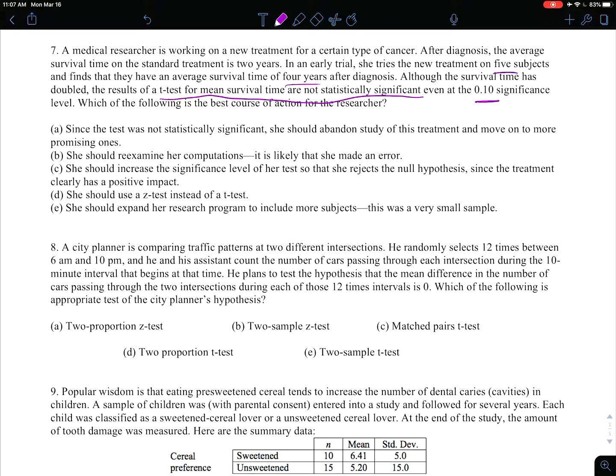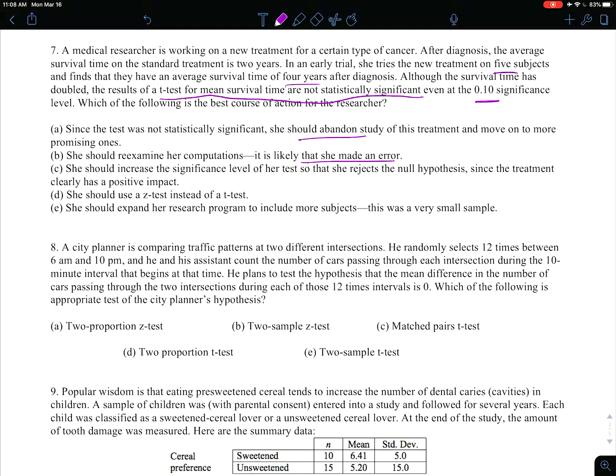Now, what could you try? Should you just give up? Just abandon the study? I guess maybe, but let's see if we've got at least maybe something we can try. Is it more likely that there was just an arithmetic error? While that happens to the best of us, let's see if there's something she can do, assuming that the calculations are correct.